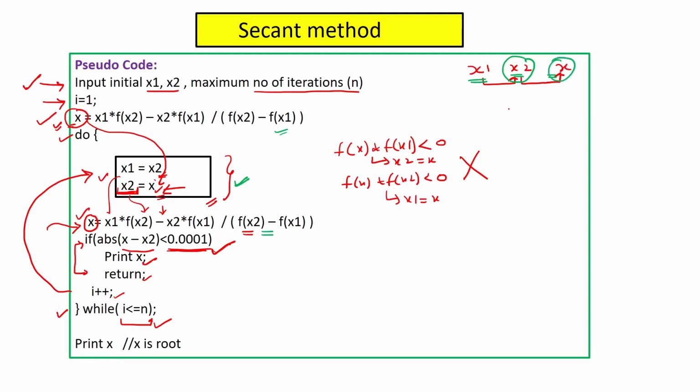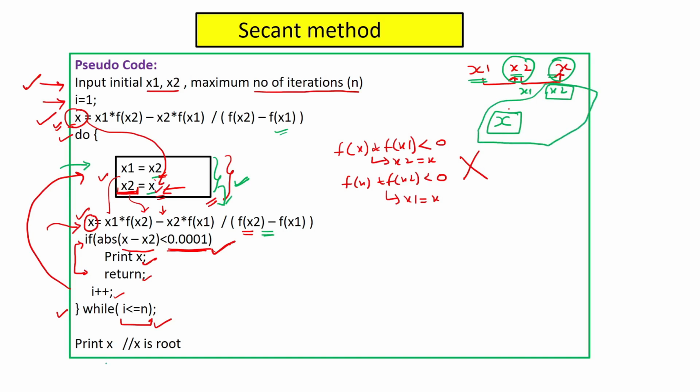And in the process, I got a new value of x. And this was my previous value of x1 and x2. And when I come here, I will be using x2 and x, that is, I will be using these values x2 and x for my new shifting or for my further iterations. So again and again, we are using the newer x values.